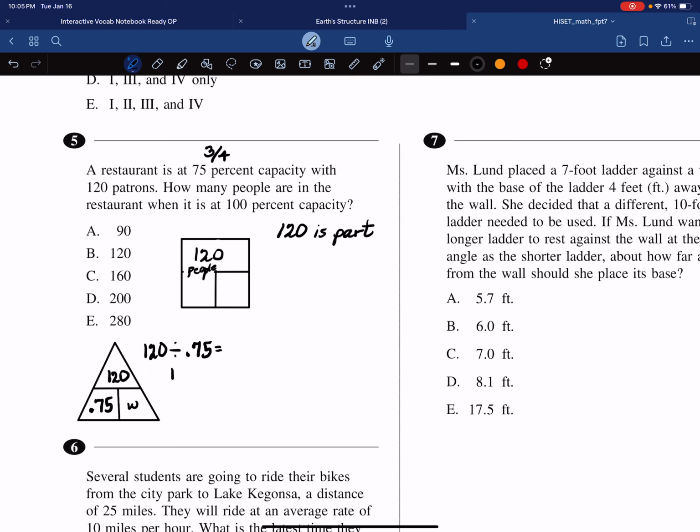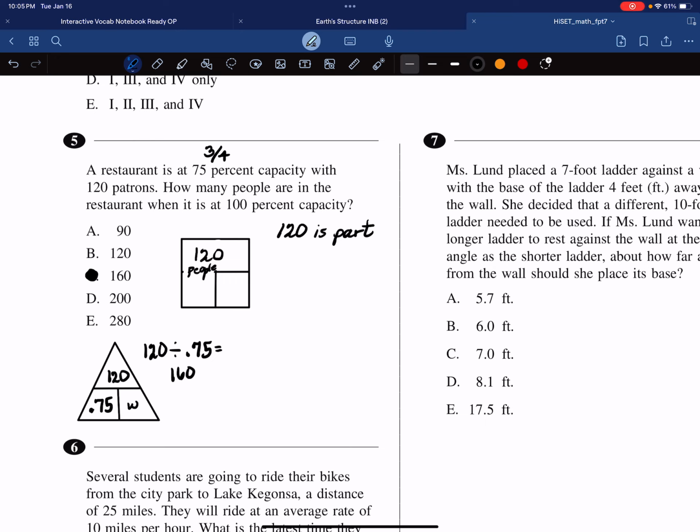And that should be 160. Let me double check it on my cell phone to be sure. I don't have my scientific calculator, but I don't think I'll need it. 160. So the answer is C.